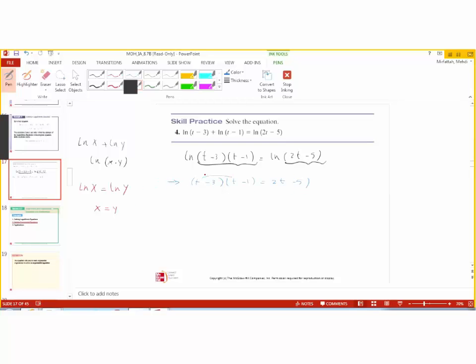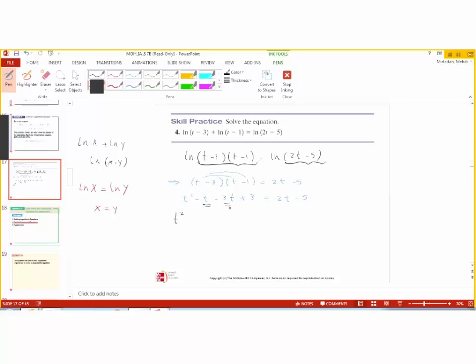Right. Okay. So now we can distribute. We get t squared minus t minus 3t plus 3. And then you take 2t minus 5 and subtract that. Combine these two.